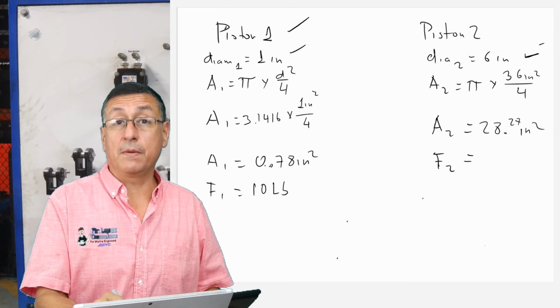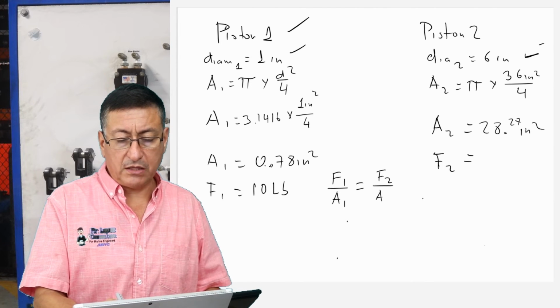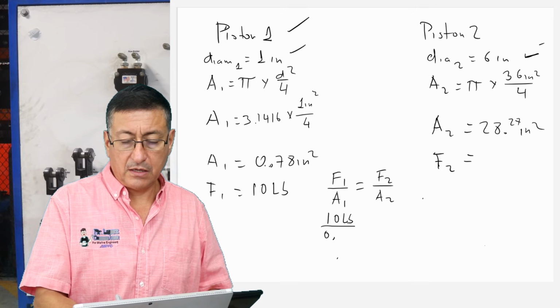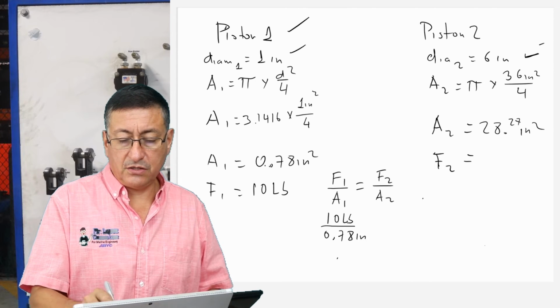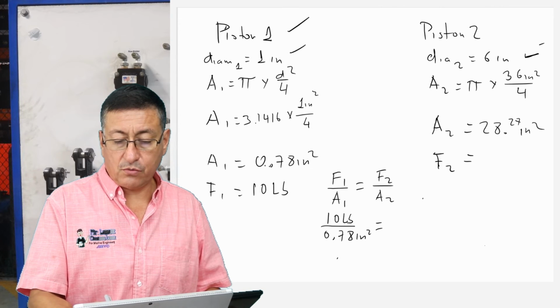Okay, we are going to use the Pascal law. Pressure number 1 should be equal to pressure number 2. The pressure number 1 is the force number 1 divided by the area number 1, and the pressure number 2 is the force number 2 divided by the area number 2. How much is the force number 1? 10 pounds. 10 pounds divided by the area 1, 0.78 square inches, is equal to the force number 2 divided by the area 2, 28.27.